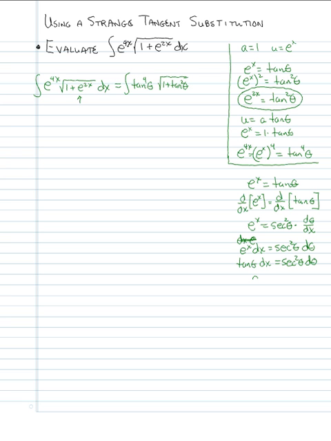And so now we can solve for dx by dividing both sides by tangent of theta. So dx is secant squared theta divided by tangent of theta d theta. Now we have a replacement for dx.